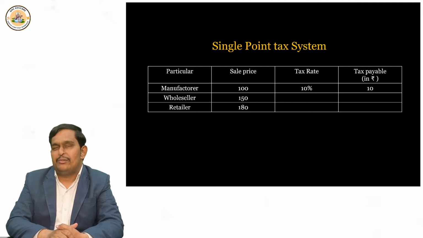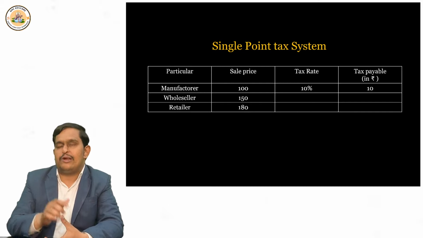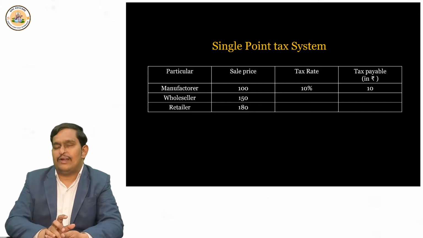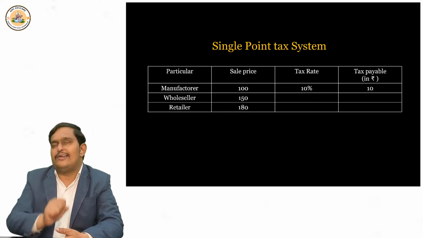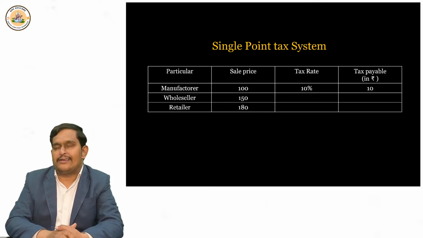Why? Because the government could have got 15 rupees if they collected tax on 115 at 10%. They would have got 18 rupees if they had collected tax on 180 at 10%. So the government lost revenue in the single point tax system.